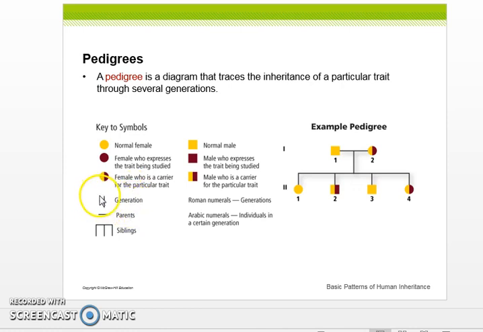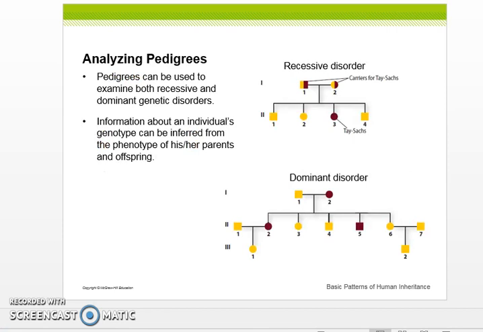This means generation, parents, siblings. Roman numerals are your generations, and Arabic numerals are individuals in a certain generation. Pedigrees can be used to examine both recessive and dominant genetic disorders.